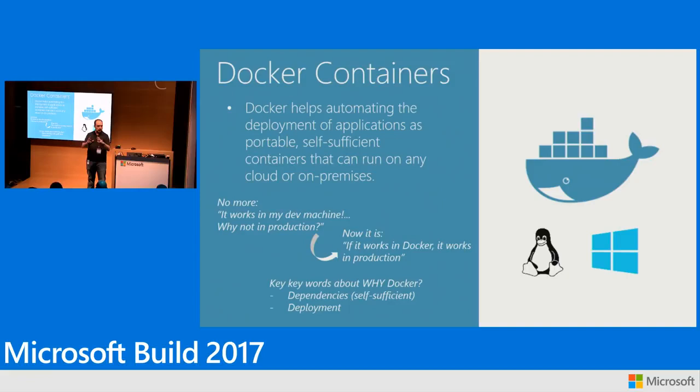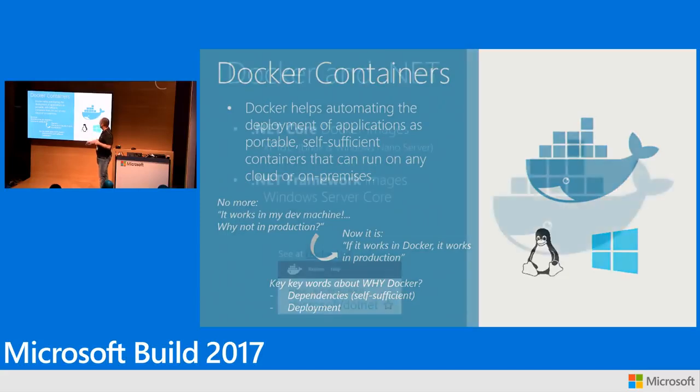Anything that you're going to need for that is the Docker container image. So basically, the typical phrase that you may hear from developers, hey, it was working in my machine, why is it not working in production? This doesn't happen in Docker because all the dependencies are in the image that you are deploying. Okay, so that's a very quick summary.